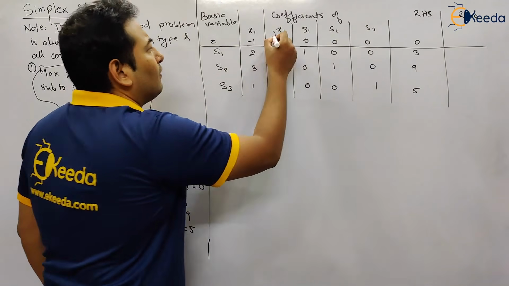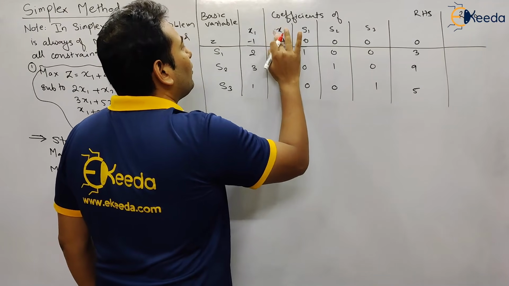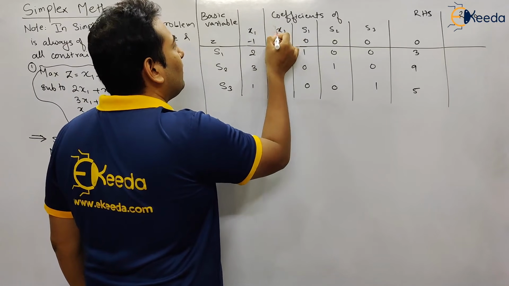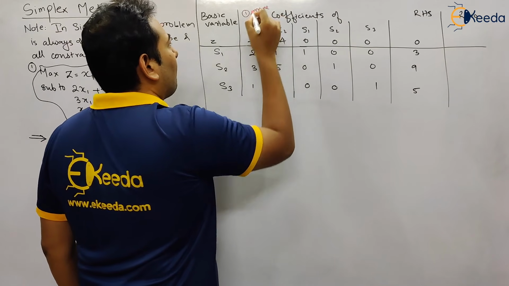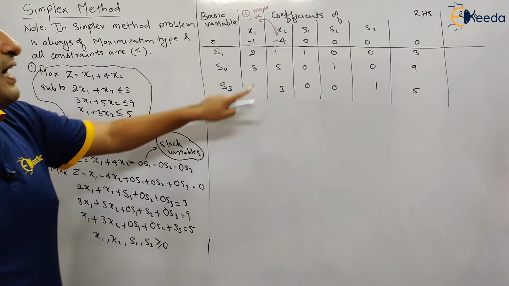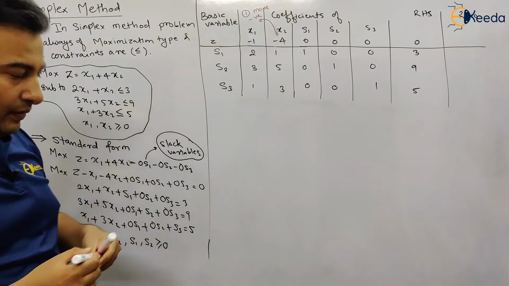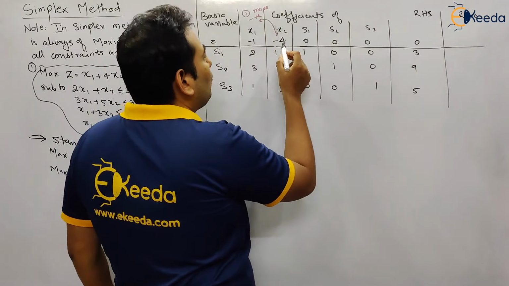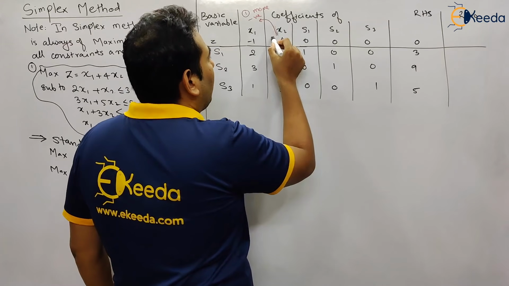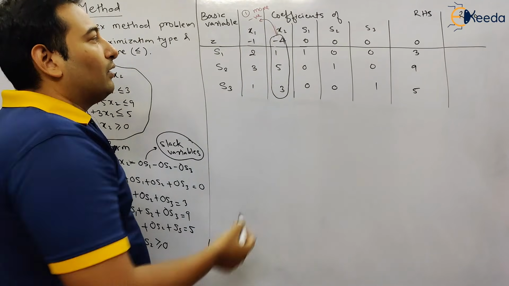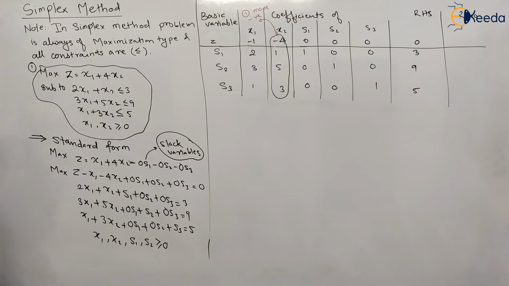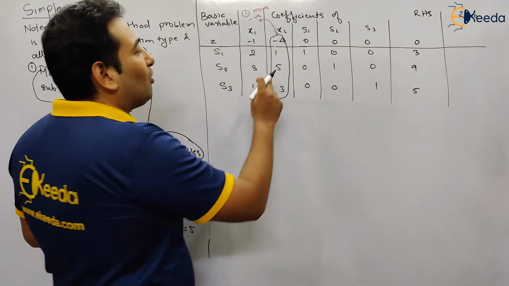This is your step number 1. I'm writing the steps here. Which one is more negative? This is -4, which is more negative. So corresponding to this -4, I am going to mark this column, and this column will be called the key column.